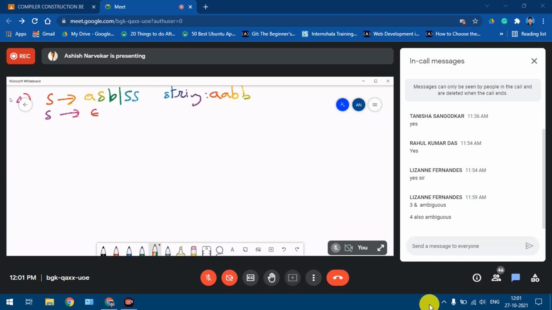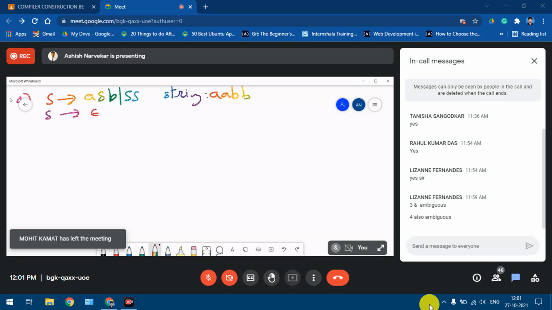So now what is the problem? We understood that in case a grammar generates two or more parse trees, two or more derivations for a particular given string, then it is called an ambiguous grammar. That is what we have understood.